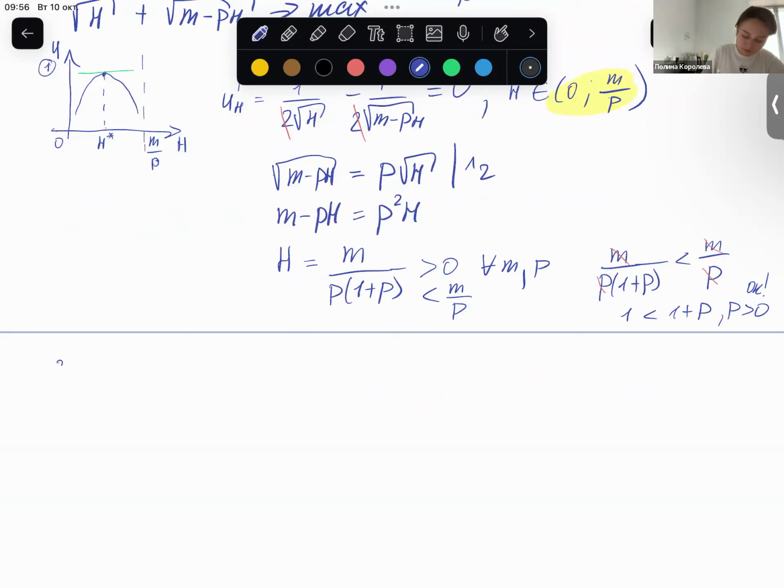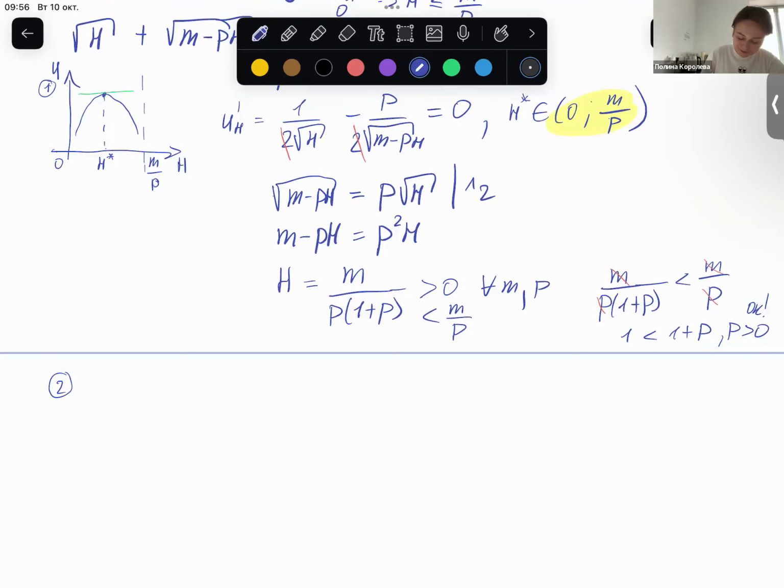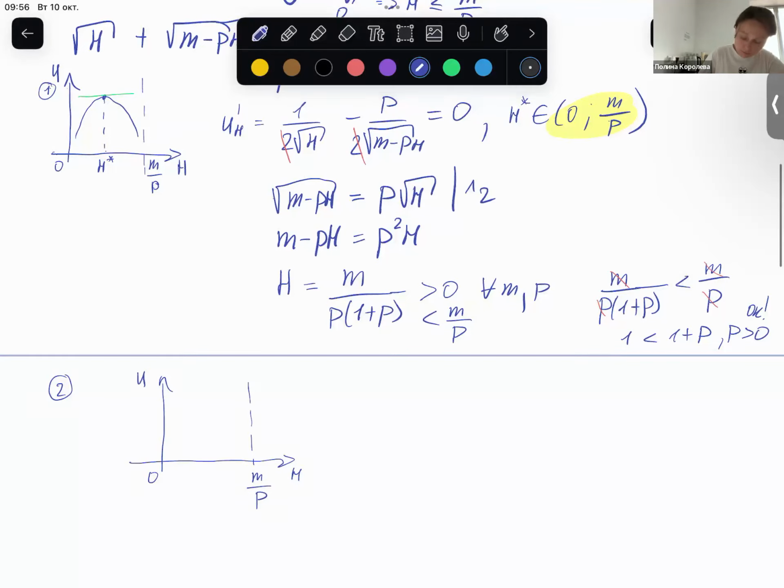The second option is the corner solution. So let me show you how it can look. Here 0, here m over price, and we will check, can it be that the utility reaches the maximum when the heating is negative?